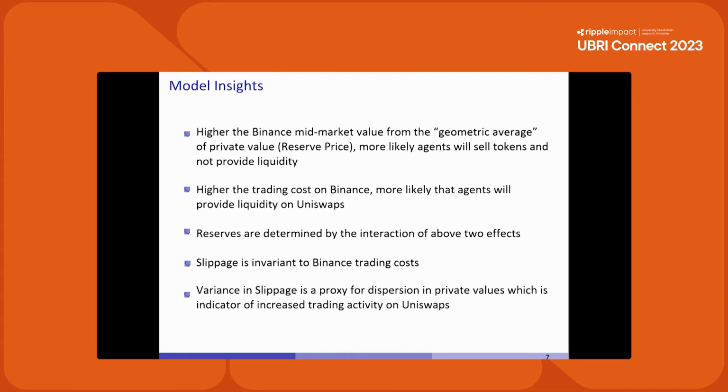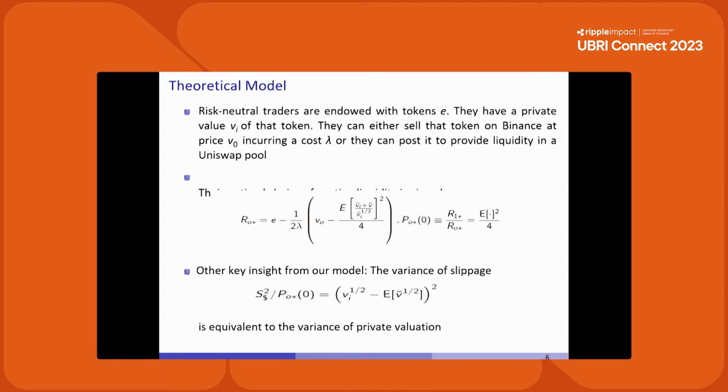So what are our model insights? The first model insight is that if the Binance price is higher than the average private value, I'm likely to post less reserves on Uniswap, which makes sense.